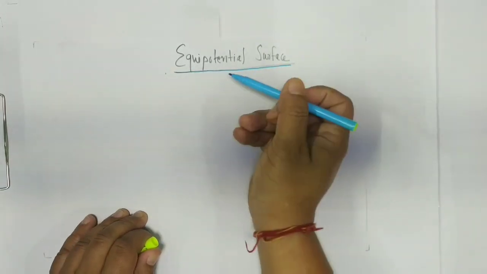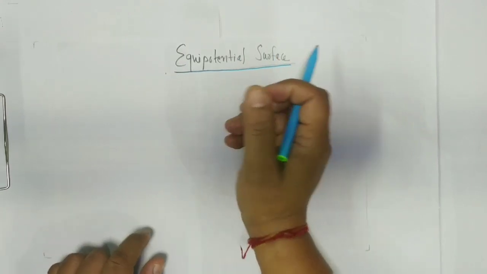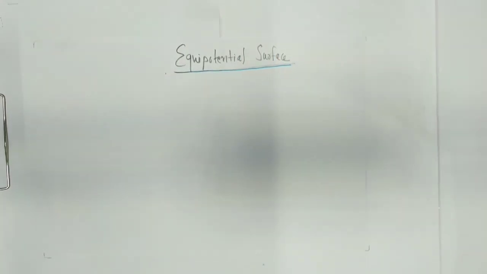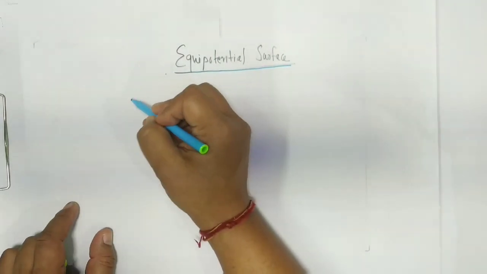The name itself says equal potential. That means any surface which has equal potential at all the points will be known as an equipotential surface.